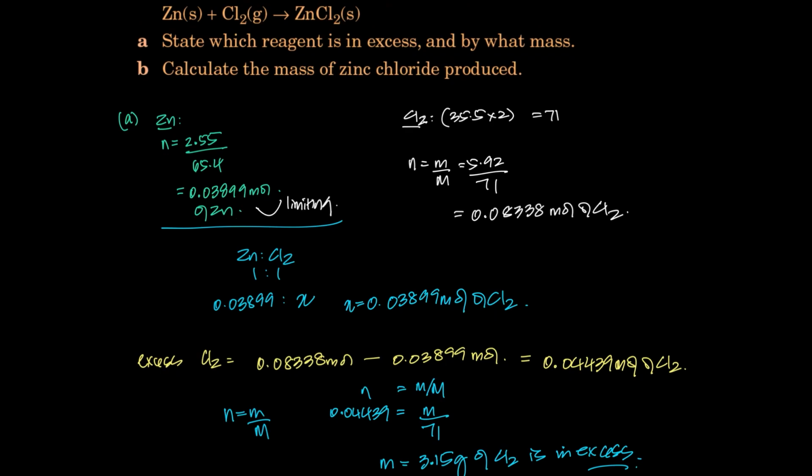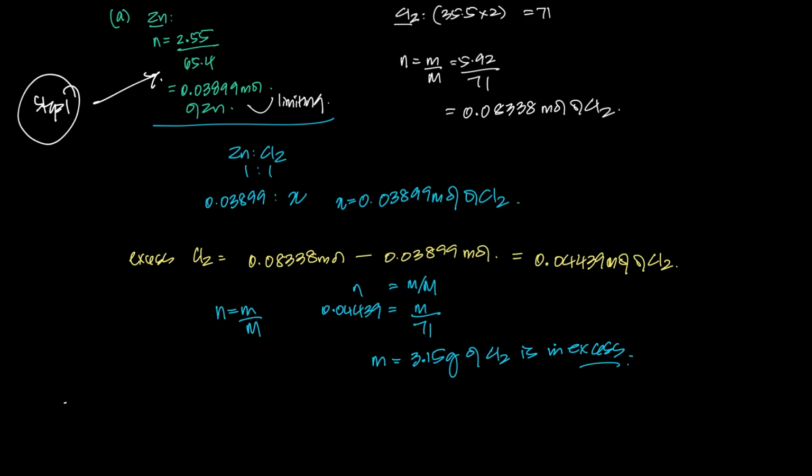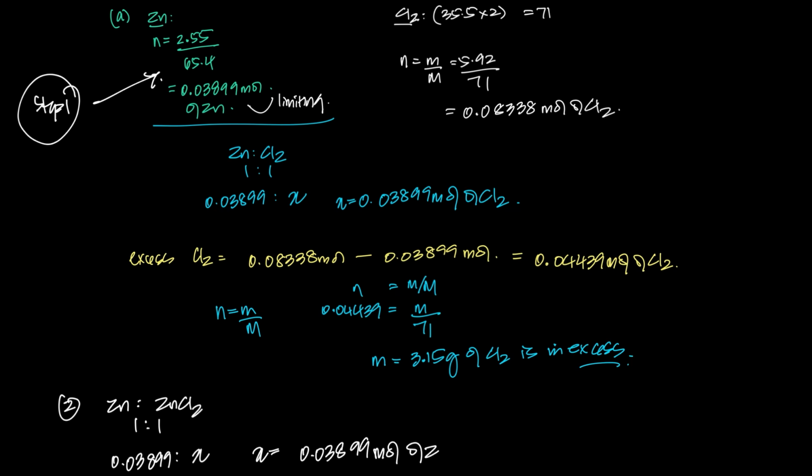Step number 2, between zinc and zinc chloride, is 1 to 1, and the moles are 0.03899 to x. So the moles of zinc chloride are also 0.03899 moles.